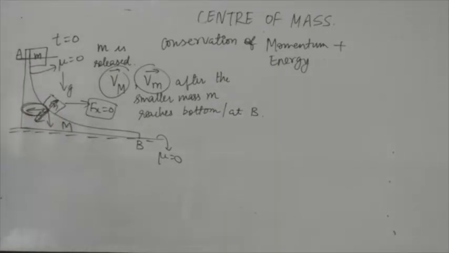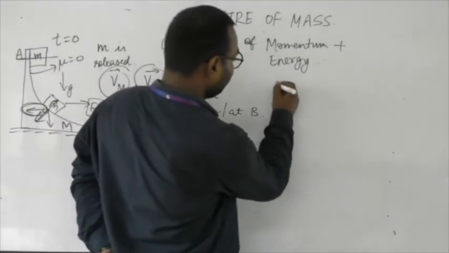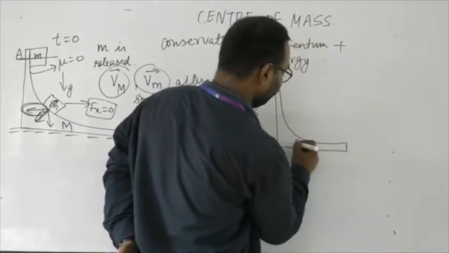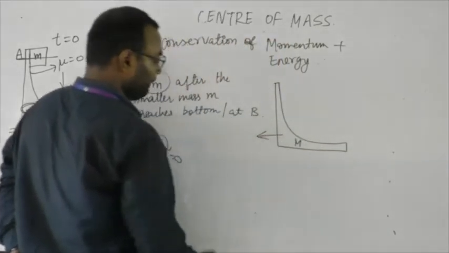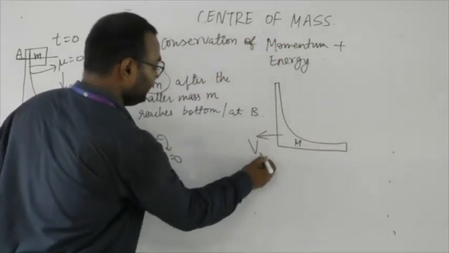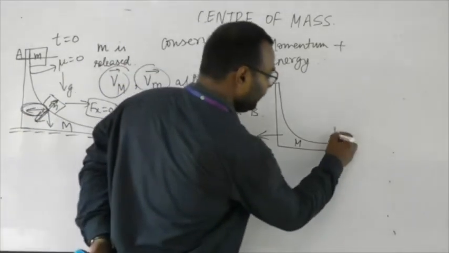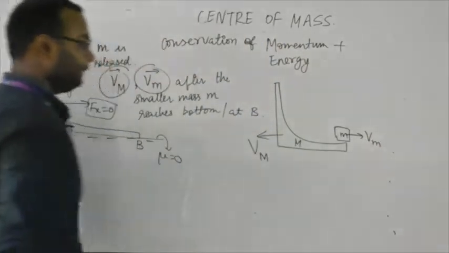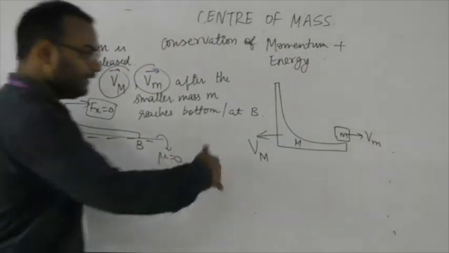So finally the situation that arises is that the wedge of mass M will be going backward with some velocity, say V_M, and while leaving the surface, the small mass m will have velocity v_m. From where is that velocity coming?